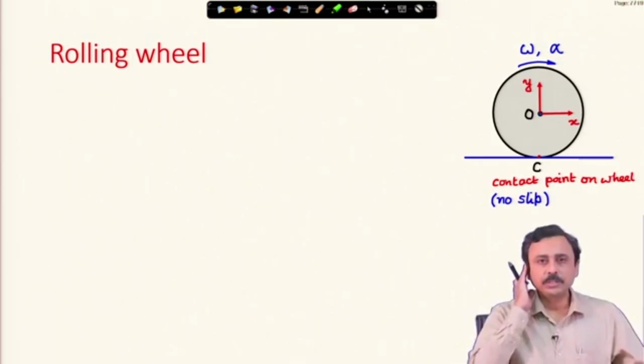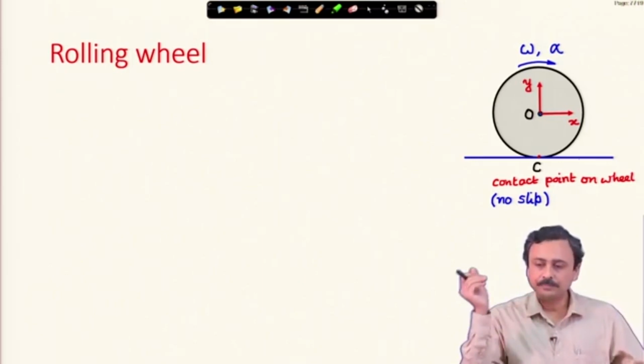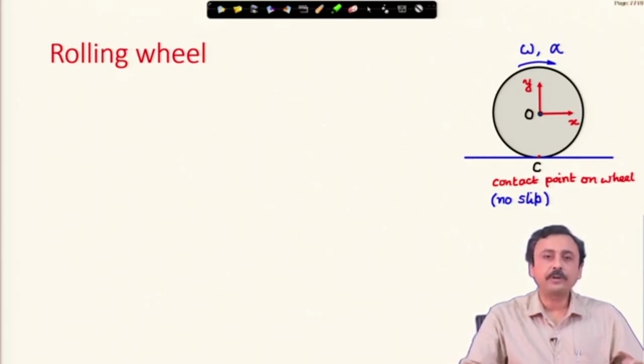Let us now move on to this example of a rolling wheel. A wheel of radius r is rolling on flat horizontal ground. C is the point of contact, and I am assuming that this wheel is rolling without slipping.